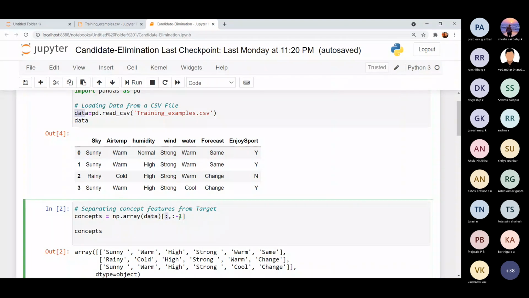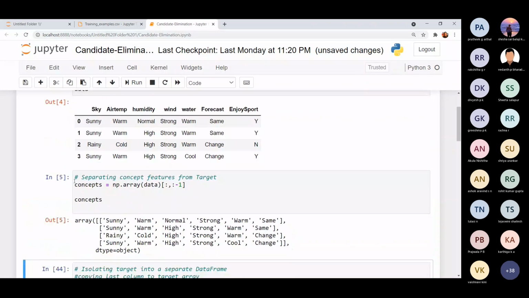The two parameters are rows and columns. It is just colon here because I'm reading all the rows. The first parameter is telling I want all the rows. I want all the columns except the last column. That's why -1, which indicates the last column. So all the columns minus the last column.